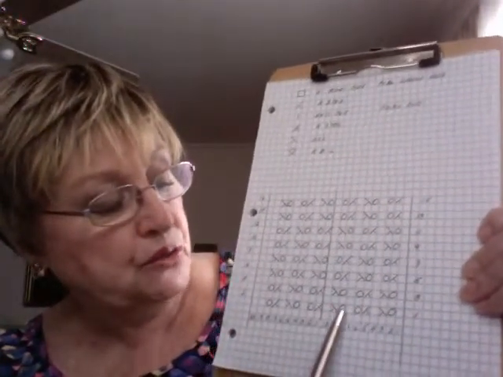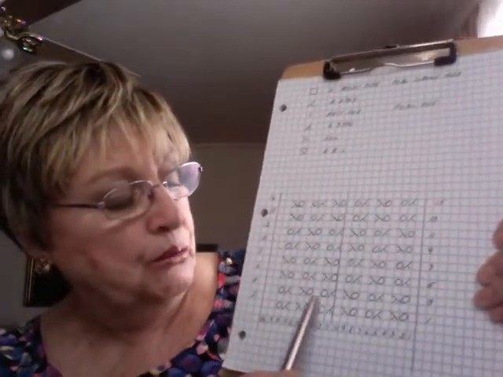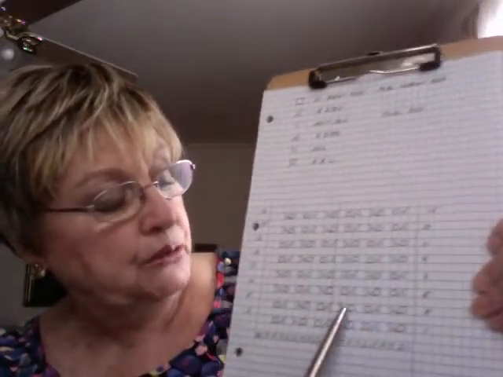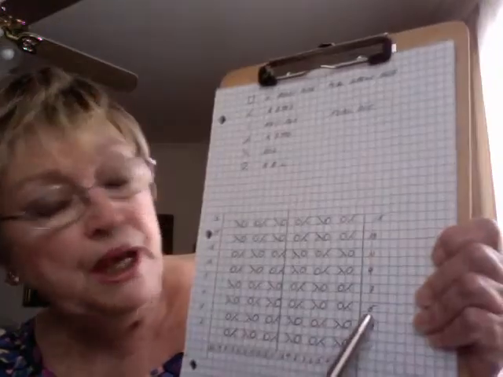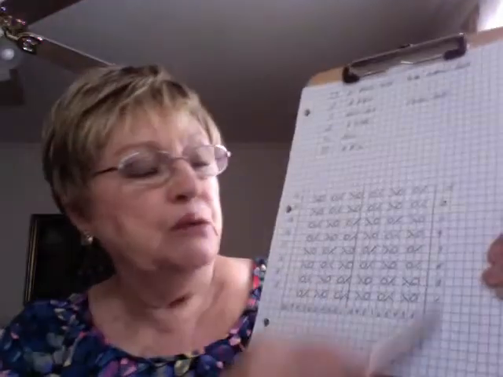So if it's in the round, you will be reading it like this, and then round number two, and then round number three, and round number four, and the numbers will be all in one side.